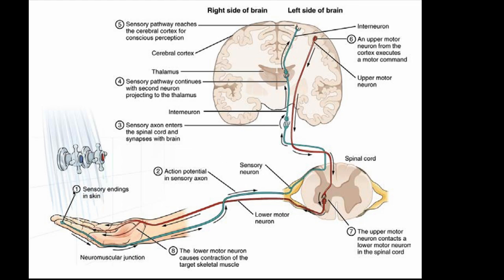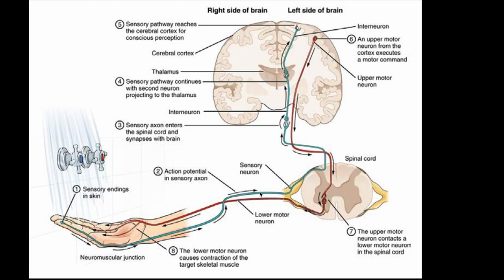So we're going to follow this afferent pathway. When we activate those thermoreceptors, that is going to stimulate and produce action potentials, which are carried through the axon of this sensory neuron. We're going to follow it all the way through here.